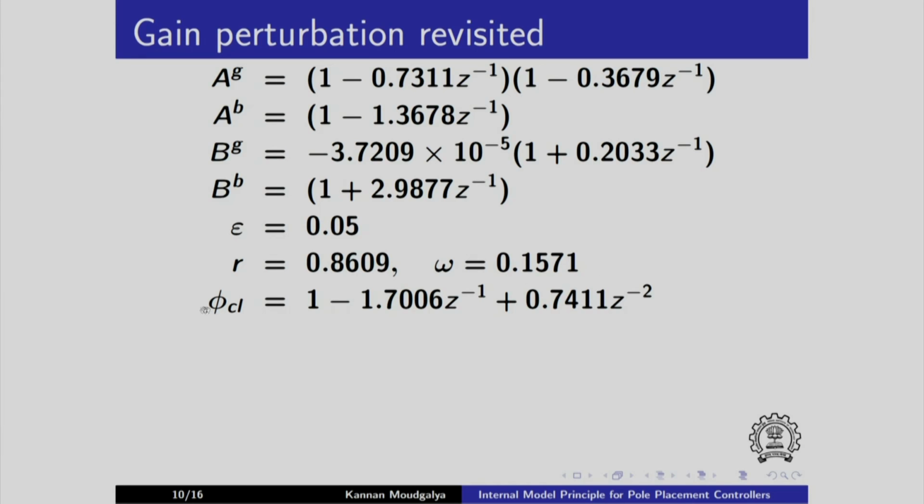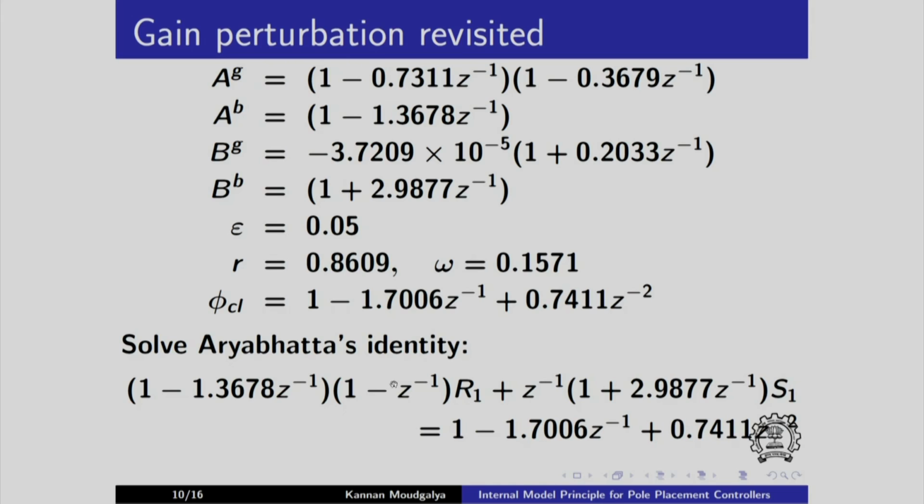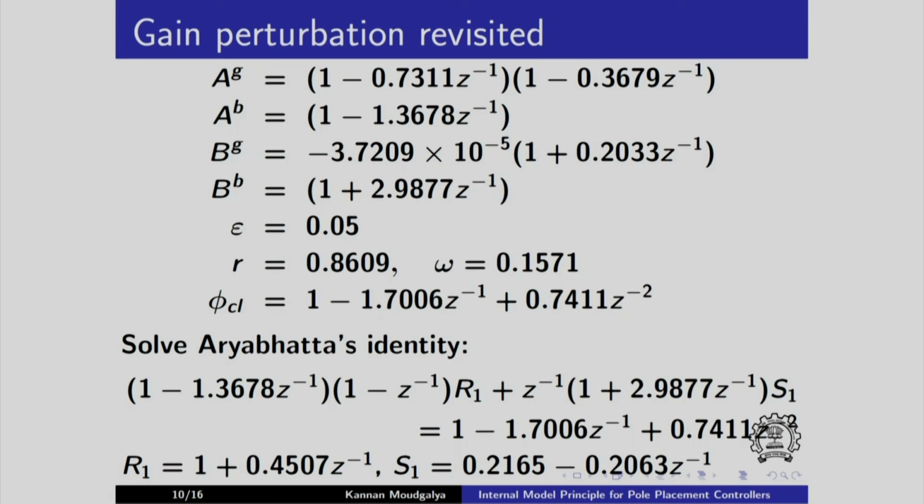This is the closed loop characteristic polynomial. The new Aryabhata's identity is solved now, where we have delta coming along with R1, and this whole thing is taken as the known quantity. And so the unknown is R1. We solve for R1 and S1 using our Scilab code, and we get the following expressions for R1 and S1.